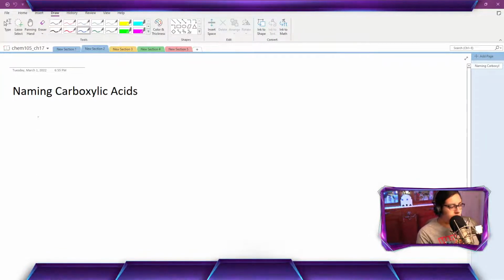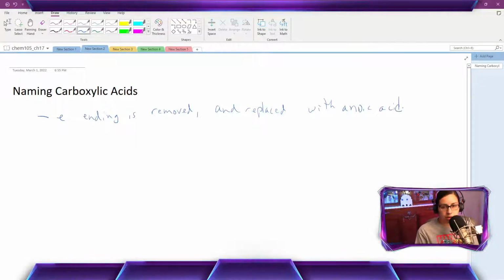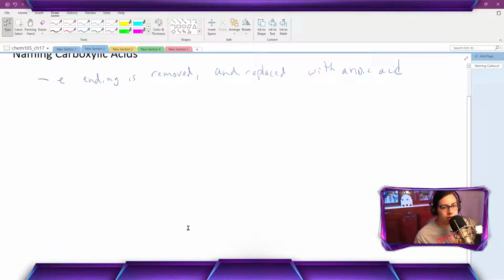For naming carboxylic acids, the -ene ending is removed and replaced with -anoic acid. But what you will start to learn is there are a lot of common names as well. And then we can also have special designations for the carbons.